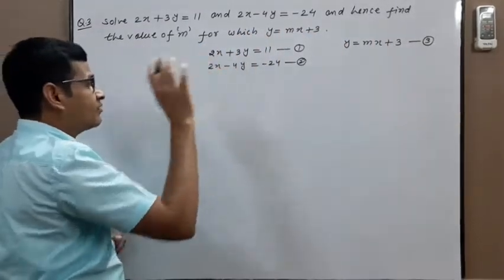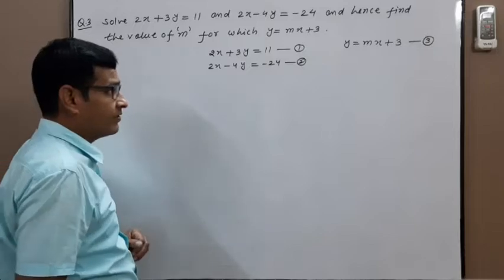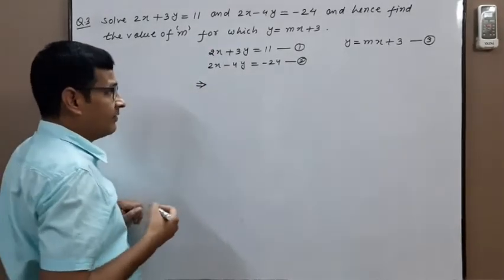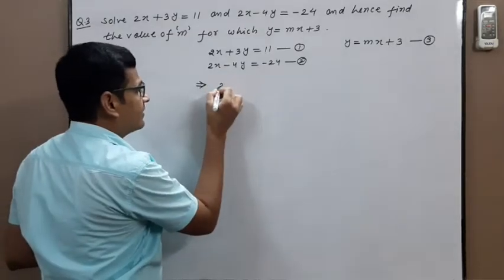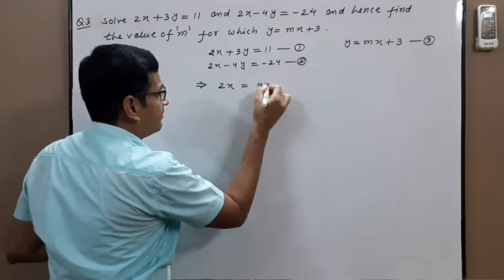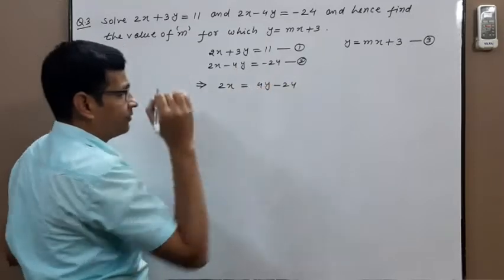Now simplify these two equations with the help of substitution method. So first find the value of one of the variables. So find the value of x. We can find it easily. 2x equal to 4y minus 24.